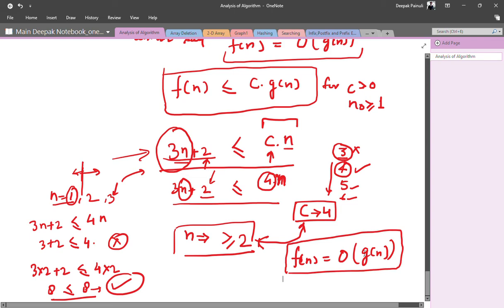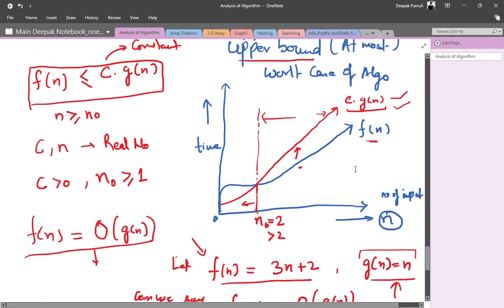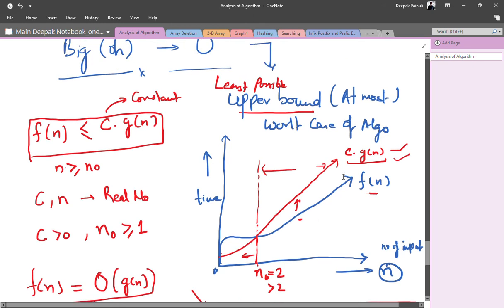So in the case of practical assumption, when we are assuming that this is the big O of gn, what it means is that gn will satisfy all the values which are higher than function n, for all the values of n at max.